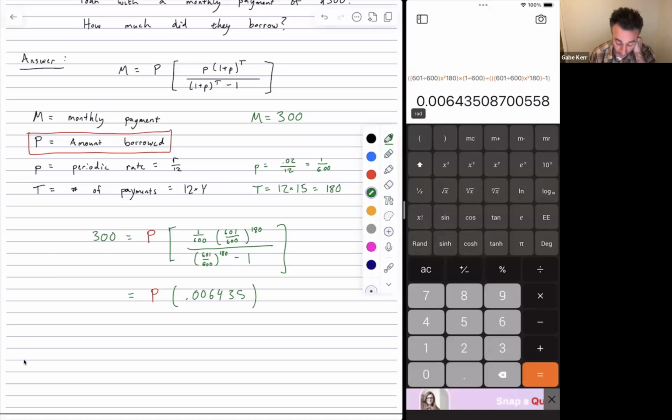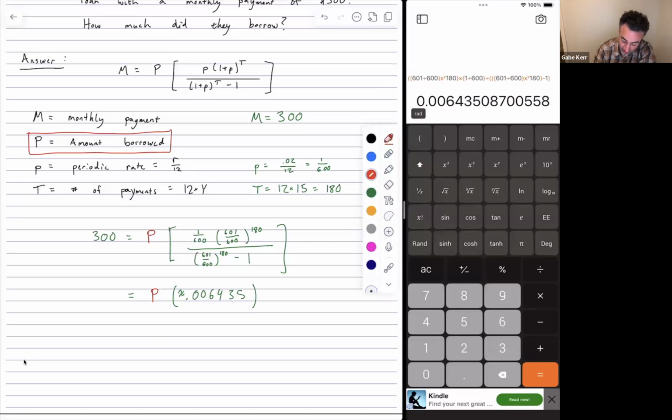So now, what am I going to do? I'm going to divide both sides by this number that I had. Now, I mentioned before, there's a way you can do this on the calculator without doing this estimate. So this is sort of an estimate here, but if you want to get P cleanly without making these approximations, you can essentially divide both sides by this number.